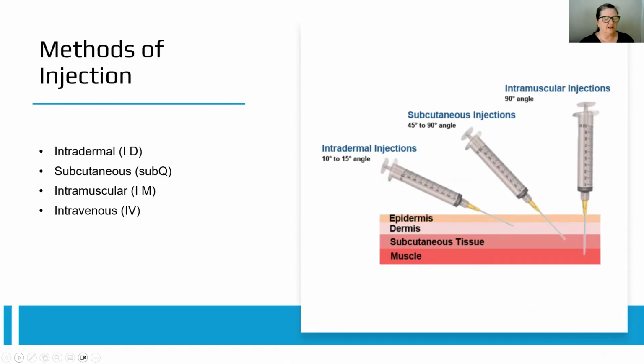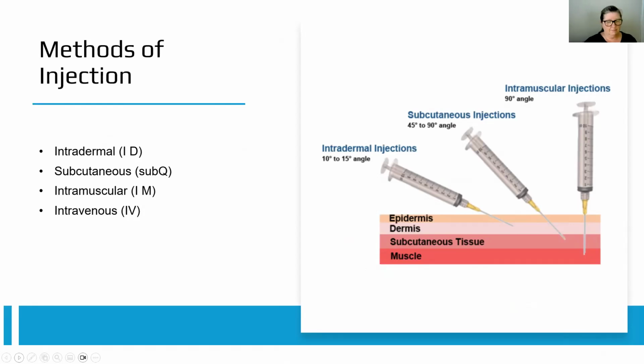Pretty much everything else is prescribed and taken at home by the patient. So there are a few different types of injections. There is the intradermal, or what we call the ID injection, subcutaneous or sub-Q, intramuscular or IM, and then intravenous, which is IV.